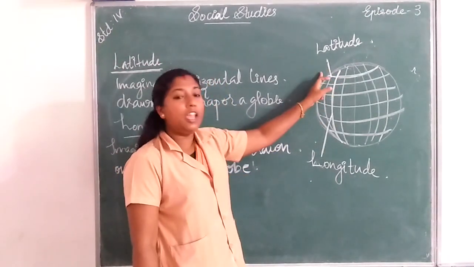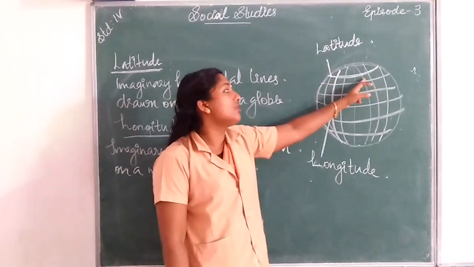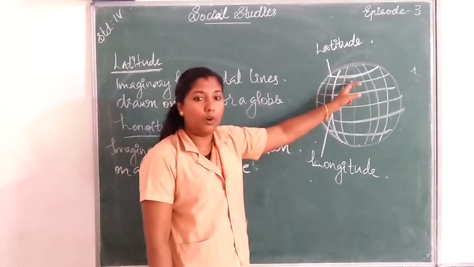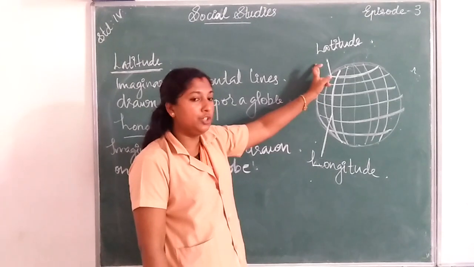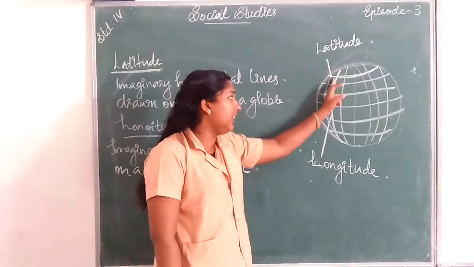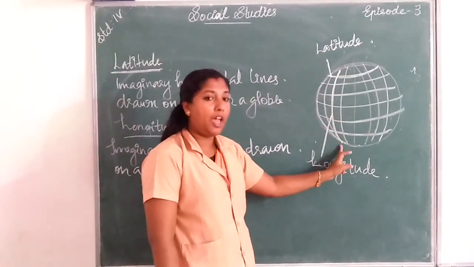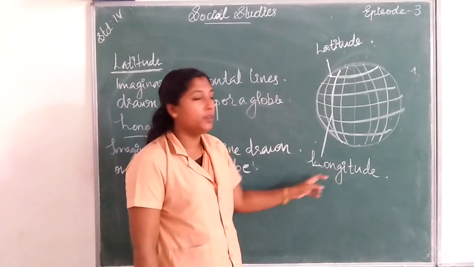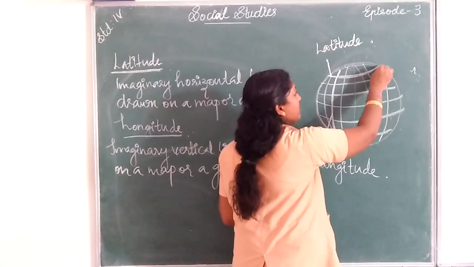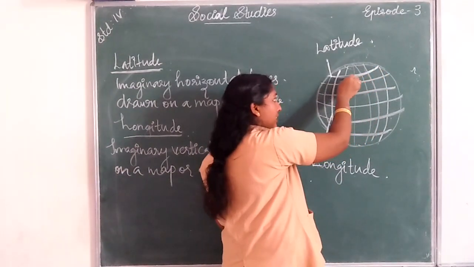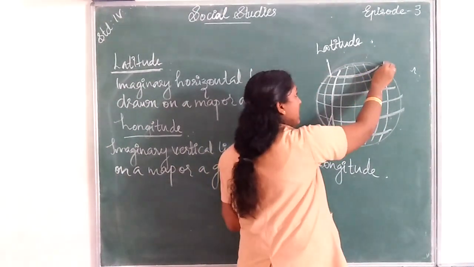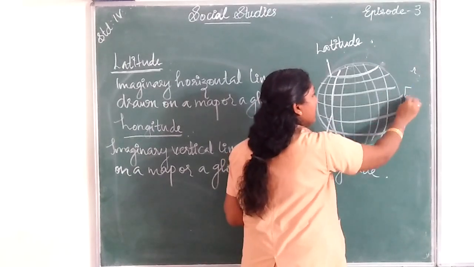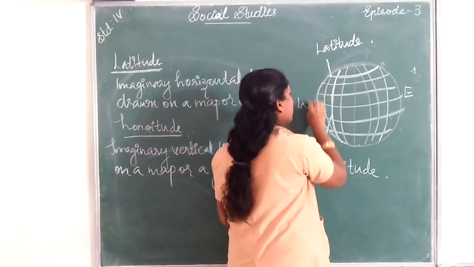What are latitude and longitude? The imaginary horizontal lines drawn on a map or a globe are called latitudes. Imaginary vertical lines drawn on a map or a globe are called longitude. Latitudes run from east to west.